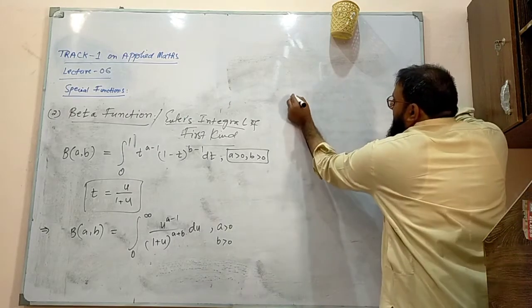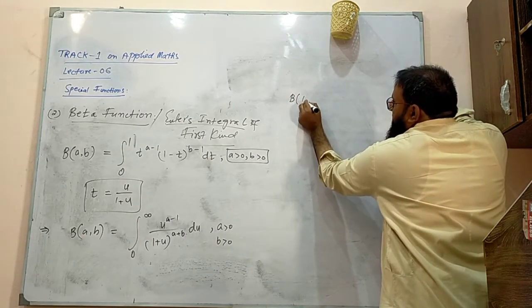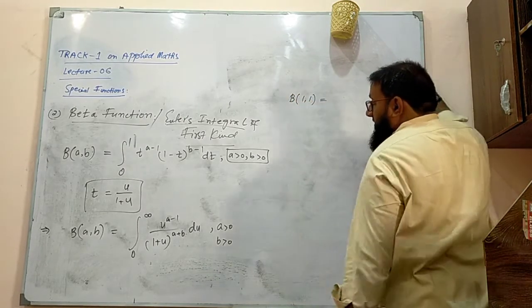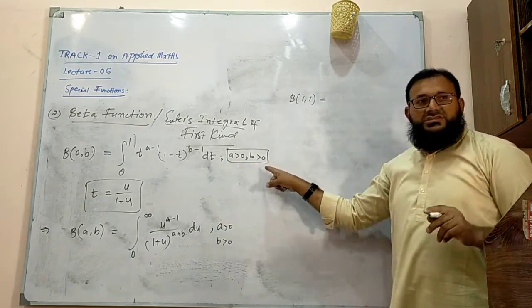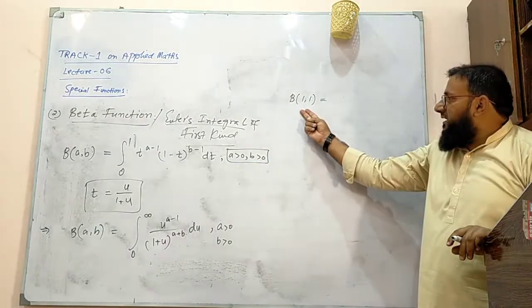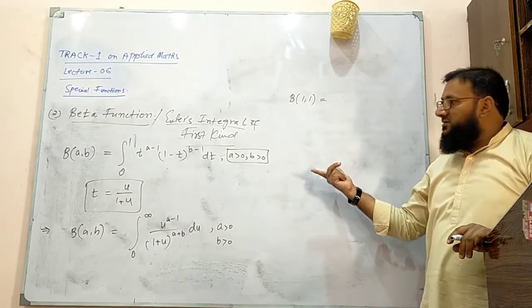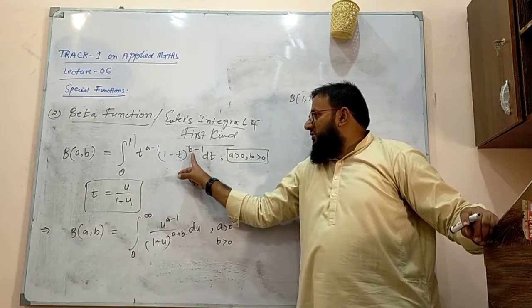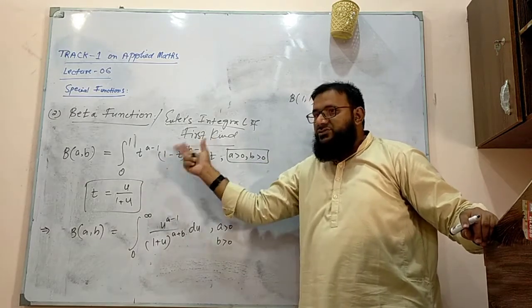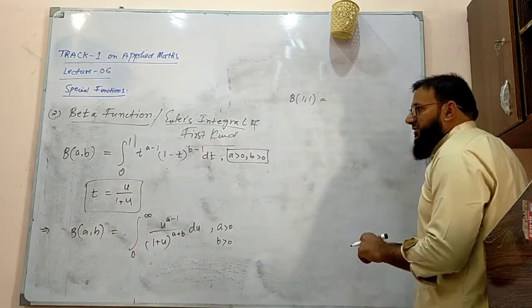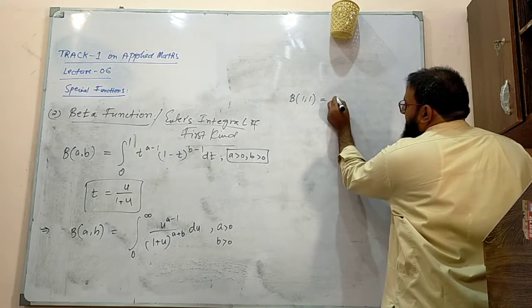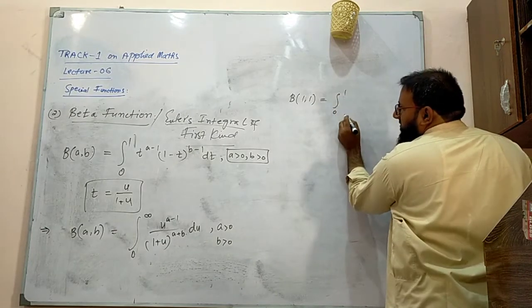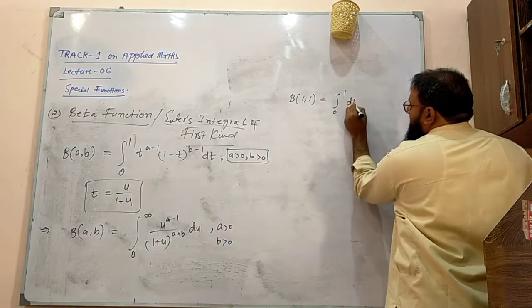Okay, you can evaluate beta at different values, like what is going to be beta of 1 comma 1. Since it is valid for all the values greater than 0, so I can evaluate beta of 1 comma 1 easily. Just you put here a is equal to 1 and b is equal to 1, this power becomes 0, so these are reduced. Now we are left with 0 to 1 dt.